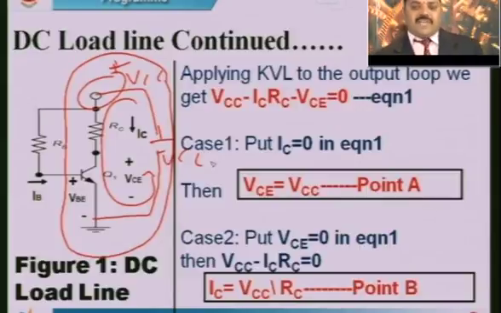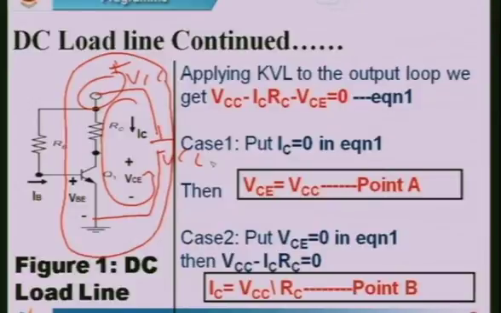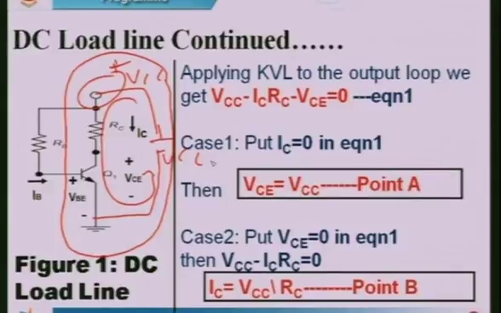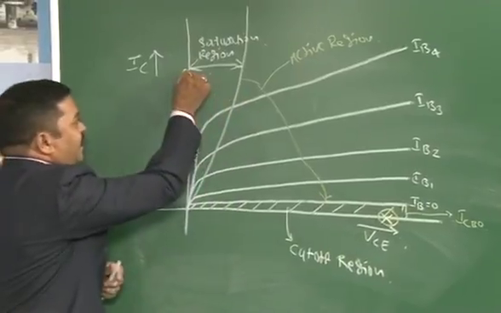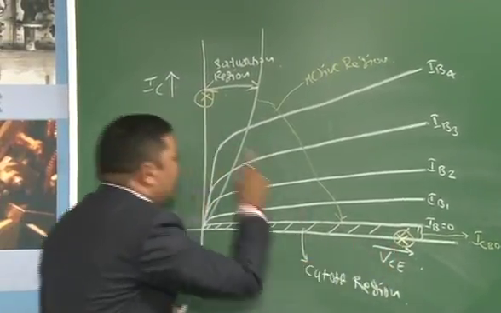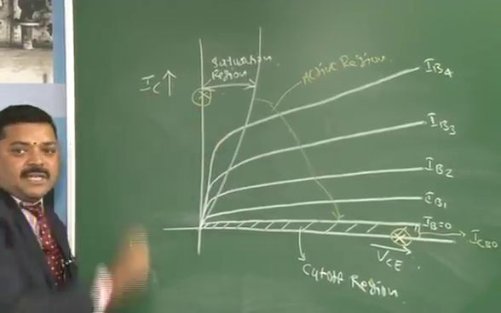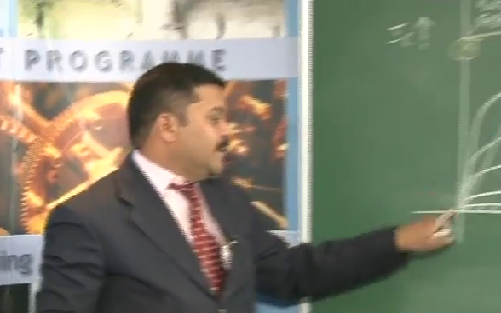Now, we have to consider two cases here. Case 1: I want to get one point on the VCE axis and one point on the IC axis. To get one point on the VCE axis, we must put IC equal to 0.